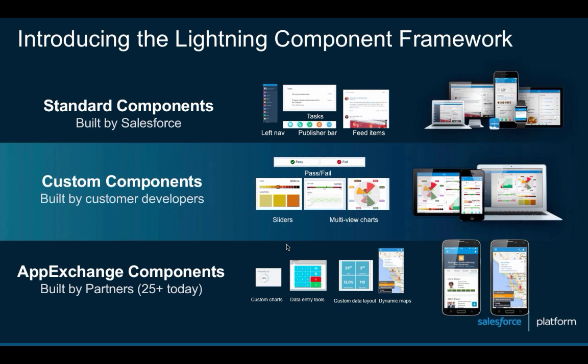So these are all things built by Salesforce.com, a lot of which we're in the process of exposing as components that developers can also leverage. Right now we have a ton of low-level components around UI, around chatter, and some other things exposed for you to use in building your applications. And as time goes on, we're going to be exposing more and more components that make it easy and quick for you to build your apps.